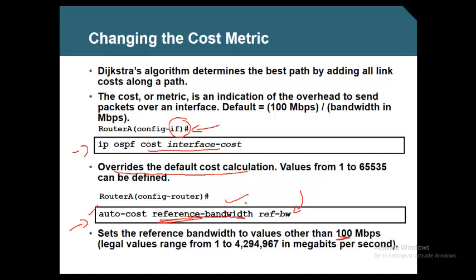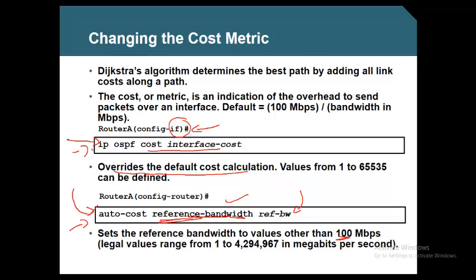So what do we see here? We can leave it default, calculated cost, or you can also go and specify a cost that you want. When you specify, that gets more preference.